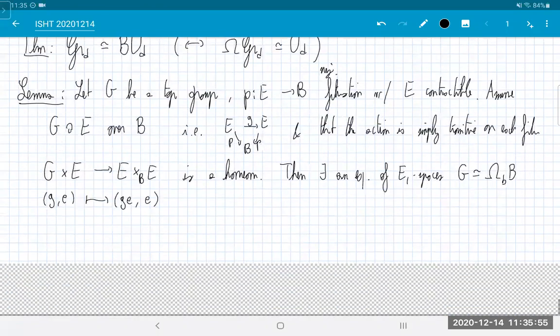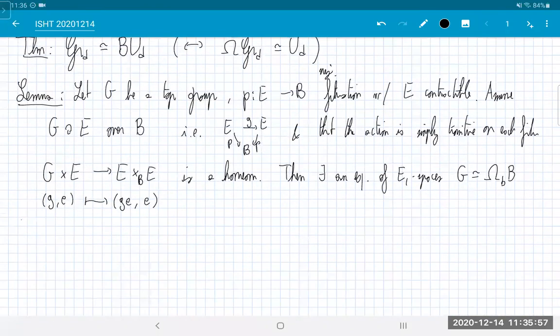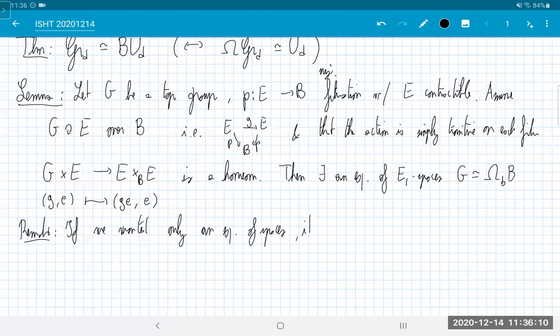So the first thing to notice is that if we wanted only an equivalence of spaces, it would be easy.